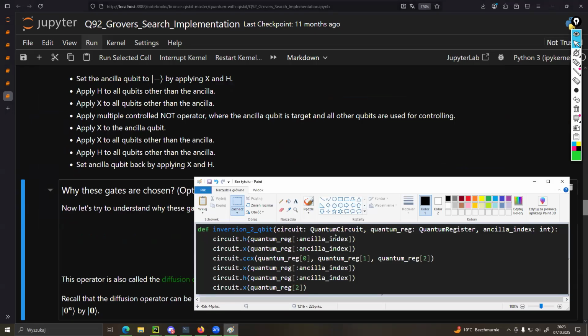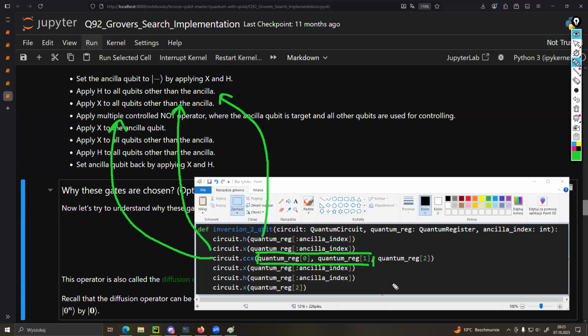We can see that we apply H to everything other than the ancilla. We apply X to everything other than the ancilla. We apply multiple control-not operators. Since we have 2 bits only as control, we apply them on our 2 qubits.